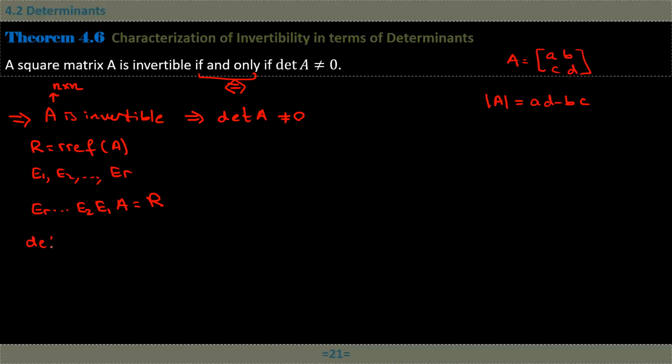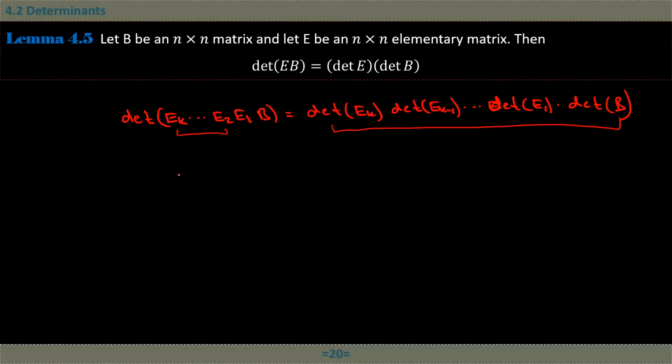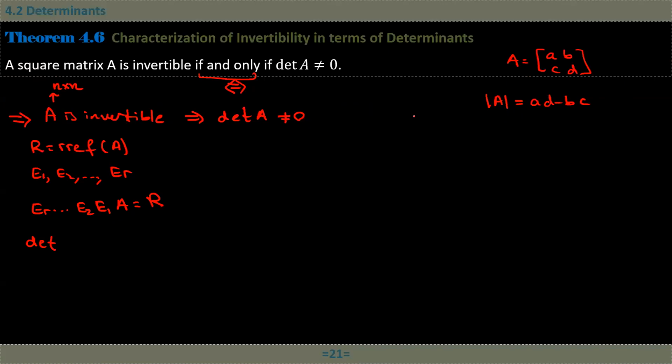Using this lemma, I can write the left-hand side as determinant of Er, times determinant of Er minus 1, and so on, times determinant of E1, and here we have determinant of A.